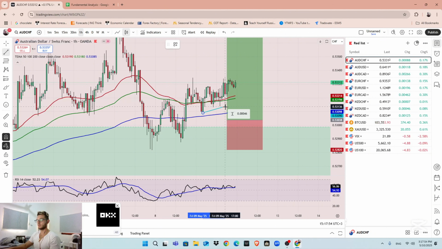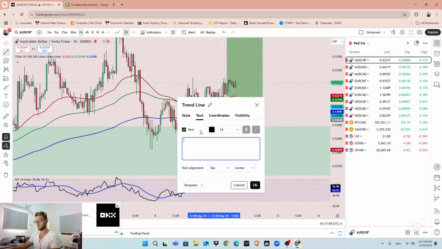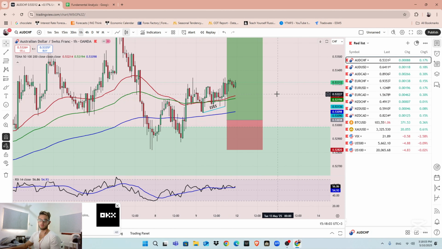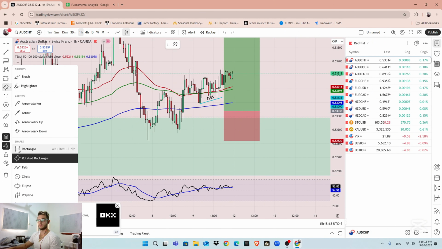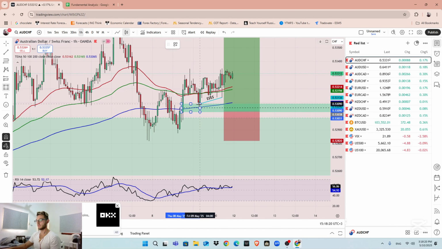So right here we have some type of liquidity. If you want to use SMC, ICT, I don't really care, but I see this area right here as a good area to buy this pair.